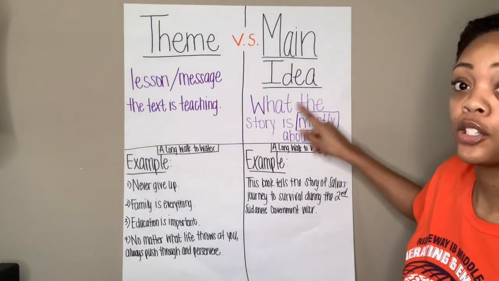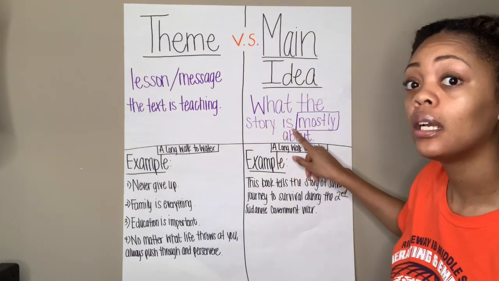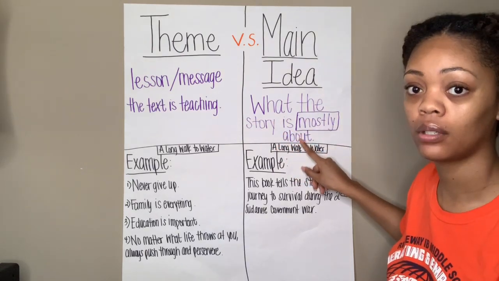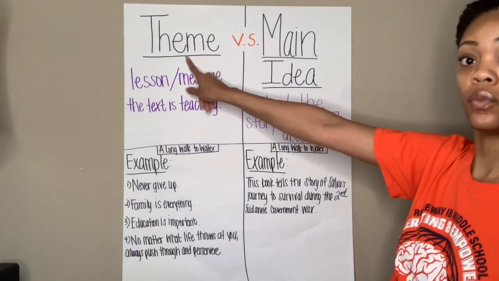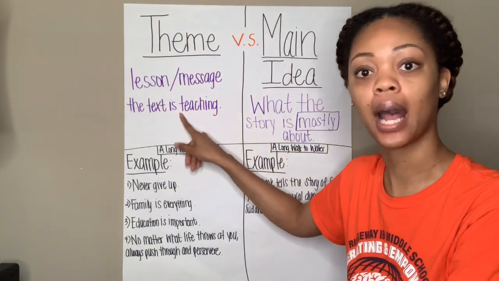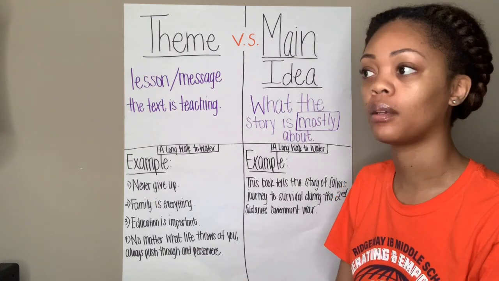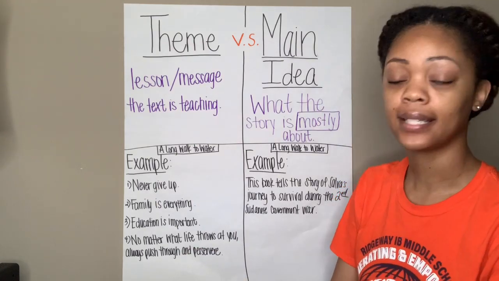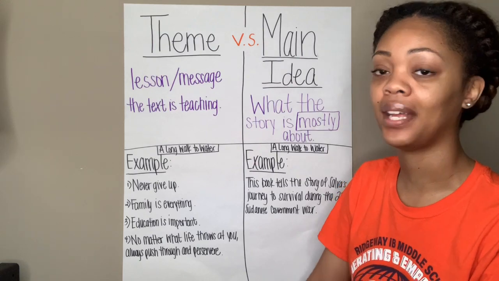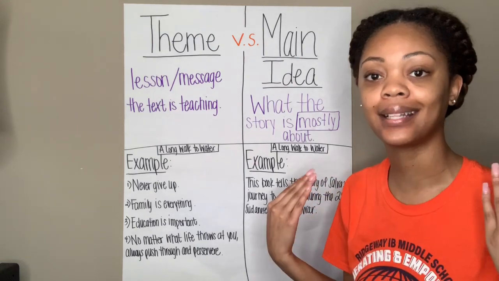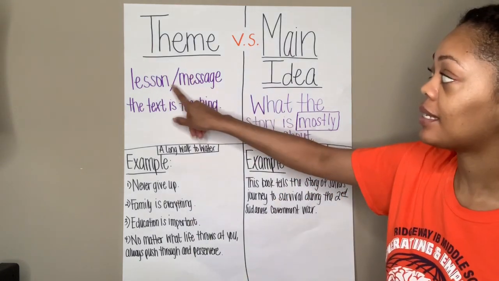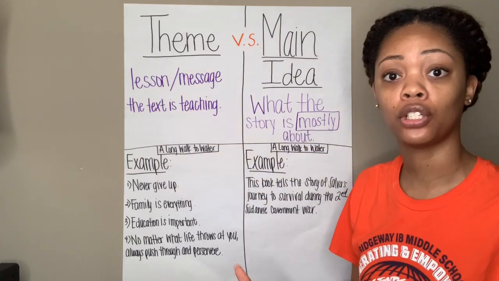Main idea is what the story is mostly or mainly about. Theme, what theme is not? It is not a topic. Theme is not, well, it's about gun violence or it's about love. That is not a theme. That is a topic. Theme and topic are not the same. Theme is the lesson or message that the text is trying to teach you.